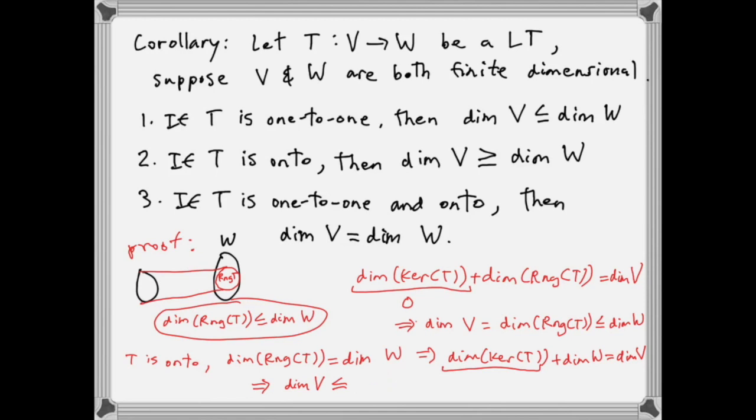I did that inequality wrong. Well, let me actually write it this way. Dim W is less than or equal to the dimension of V.